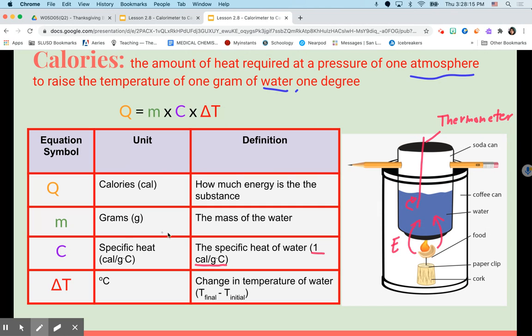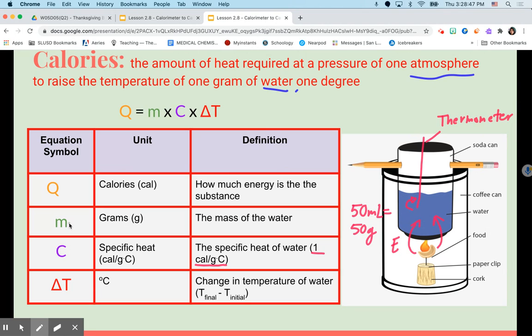We need the mass, or M, in grams, that's our units, of the water that we used. If I use 50 milliliters of water, that equates to 50 grams of water, right? 1 milliliter of water is the same as 1 gram of water.